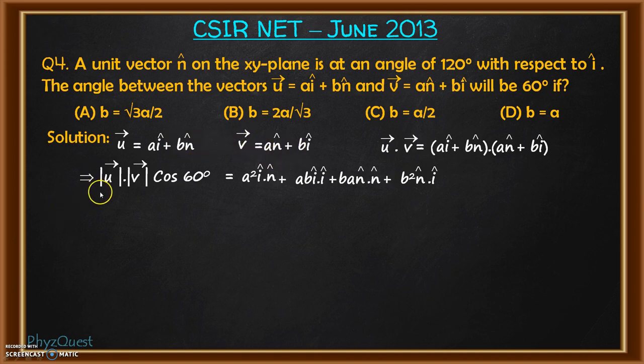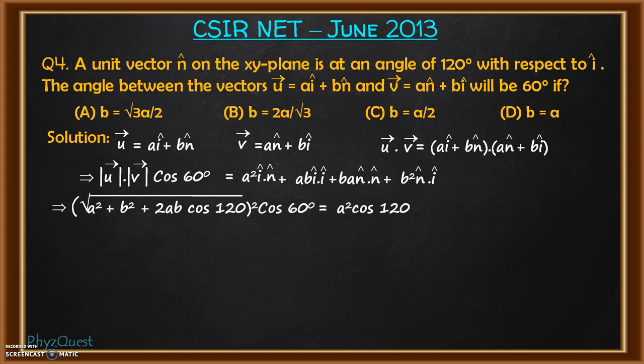So now the left hand side will be square root of a square plus b square plus 2ab cos 120 degree, whole square, into cos 60 degree. This is equal to a square cos 120 degree, which is the angle between i cap dot n cap, plus ab plus ba plus b square cos 120 degree, which is the angle between i and n.